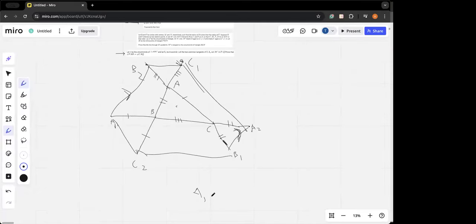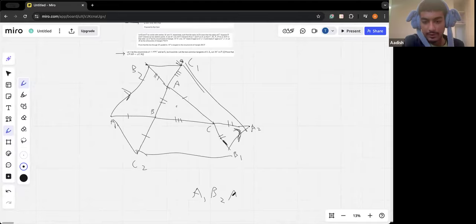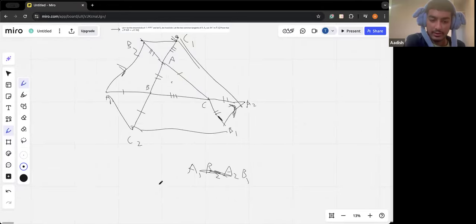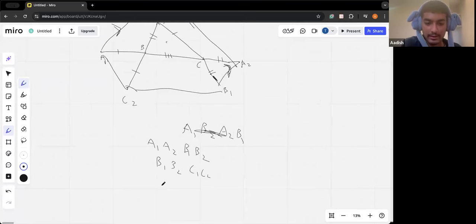A1, A2, B1, B2. And by symmetry, you will have a few more cyclic quadrilaterals: B1, B2, C1, C2, and C1, C2, A1, A2.